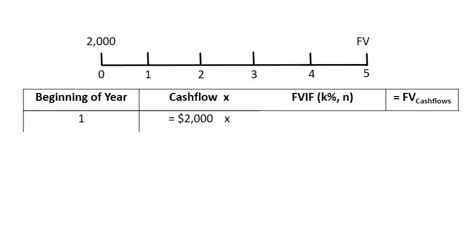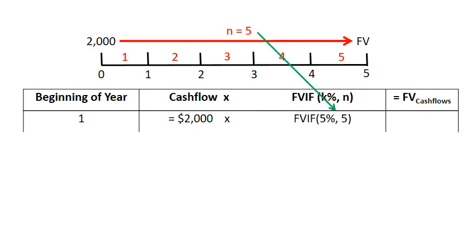Let's look at the beginning of year 1. $2,000 at the beginning of year 1. We are trying to find the future value of $2,000 at the end of year 5. So there'll be 1, 2, 3, 4, 5 periods. So n equals 5. So bring it down. We know that k is 5% and n is 5.